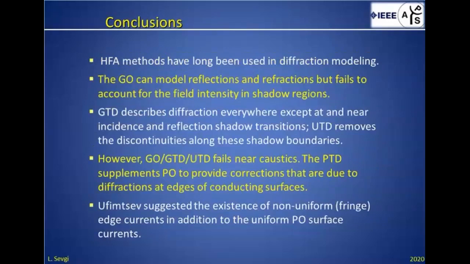However, GO, GTD, UTD fail near caustics. The PTD supplements PO, and it's more general. Ufimtsev suggested the existence of non-uniform fringe currents, edge currents, in addition to the uniform PO surface currents, and we already saw how we extract them. Next slide, please.